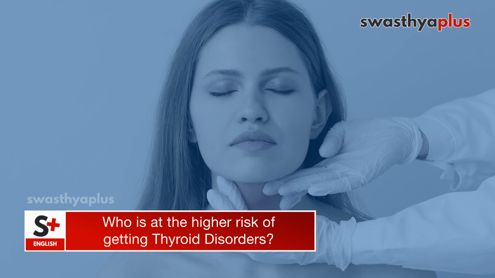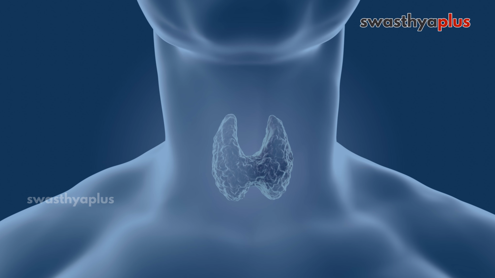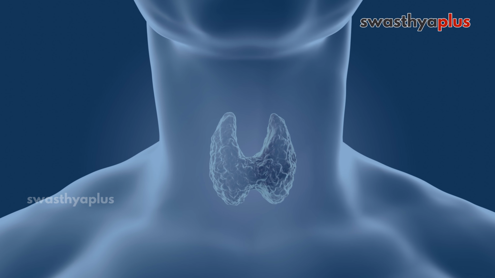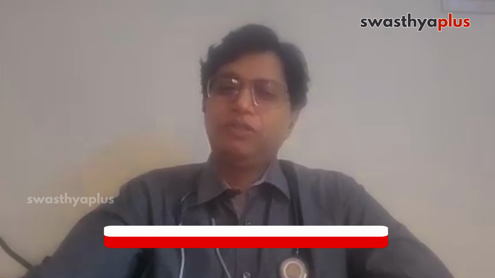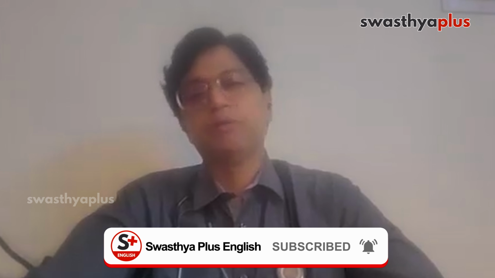Any female patient presenting with infertility, weakness, obesity, depression, or any palpable thyroid gland, which is called goiter, should be screened. Nowadays we have made thyroid testing mandatory for all females undergoing pregnancy. Many times people come to hospital for another reason, they may be asymptomatic and we find out thyroid disease. So nowadays thyroid is a common test like blood sugar, done in all patients coming for routine checkup also.